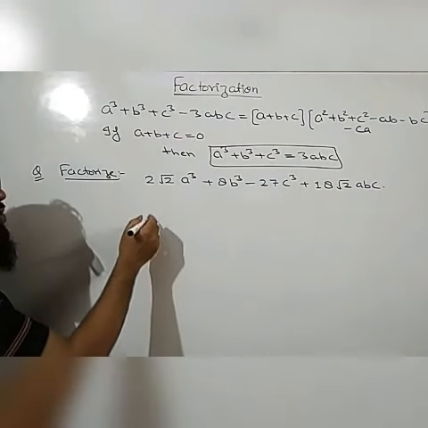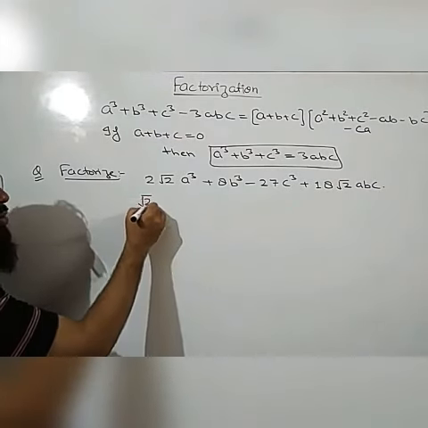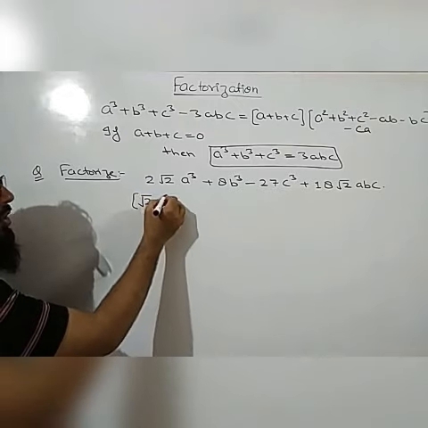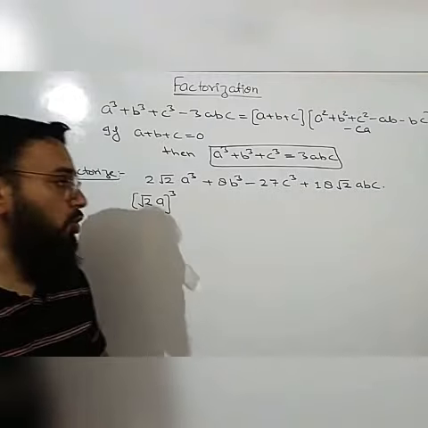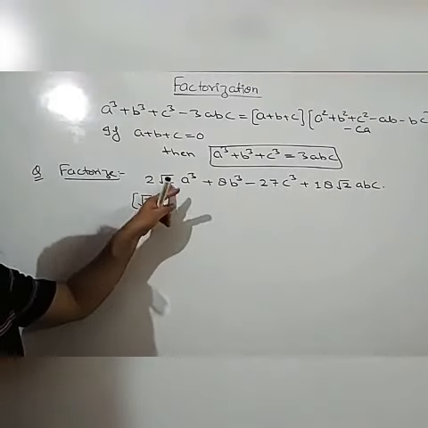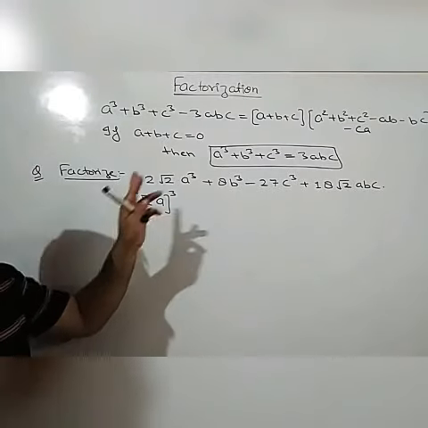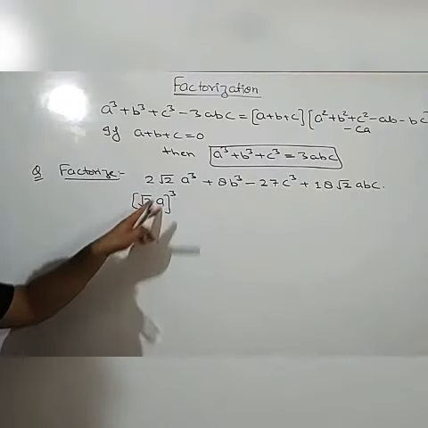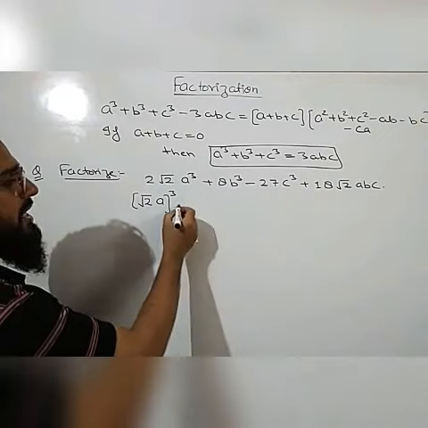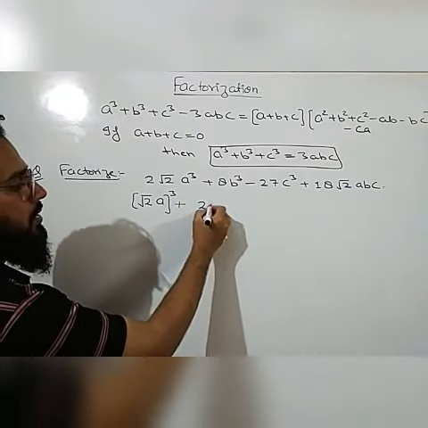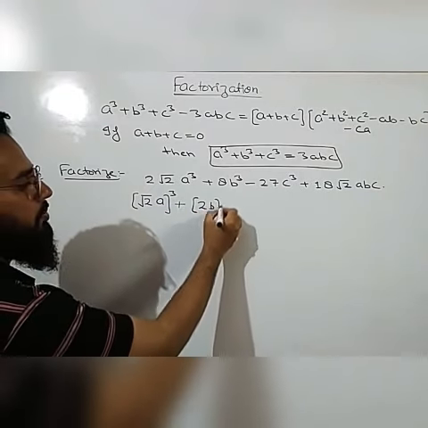So 2 root 2 can be written as (root 2 a) whole cube, because root 2 into root 2 into root 2 will be 2 root 2. 8b cube can be written as (2b) whole cube.